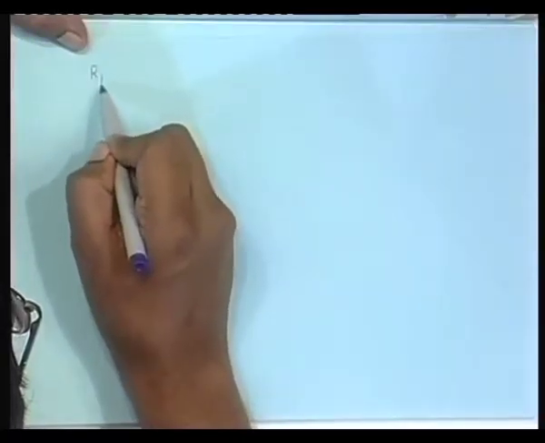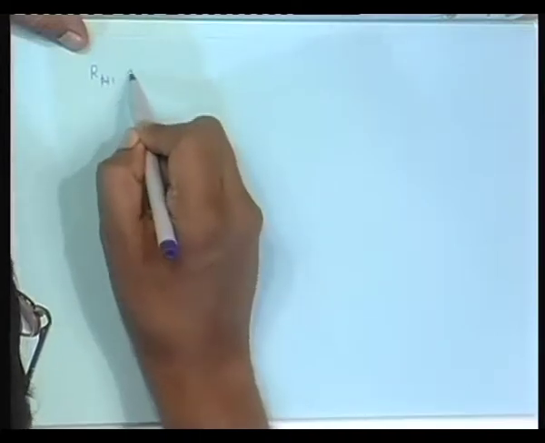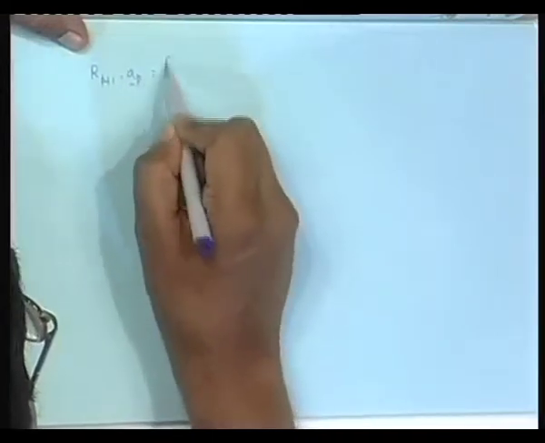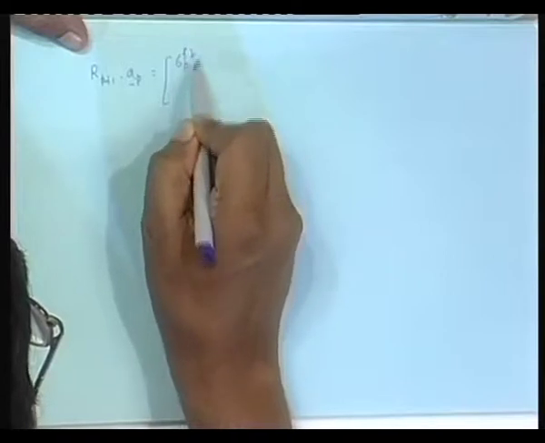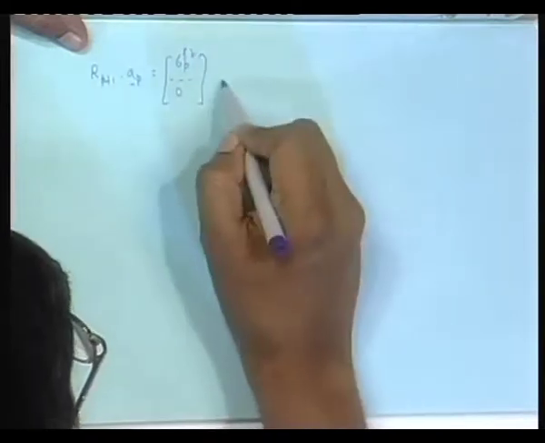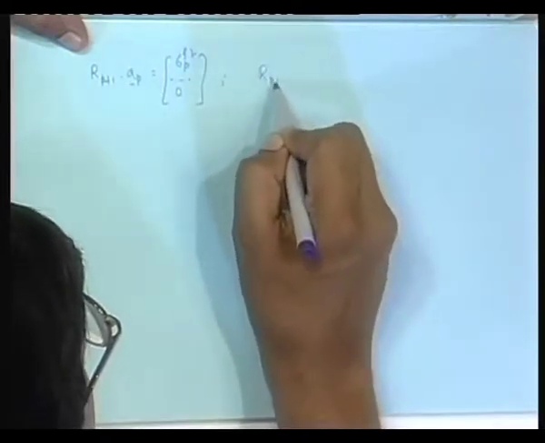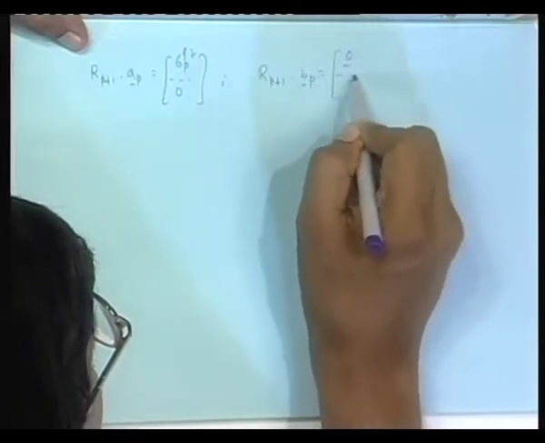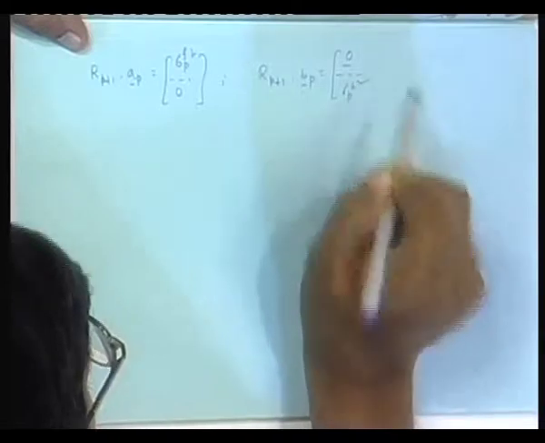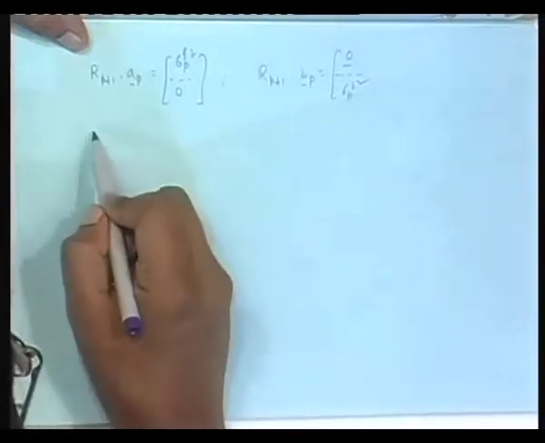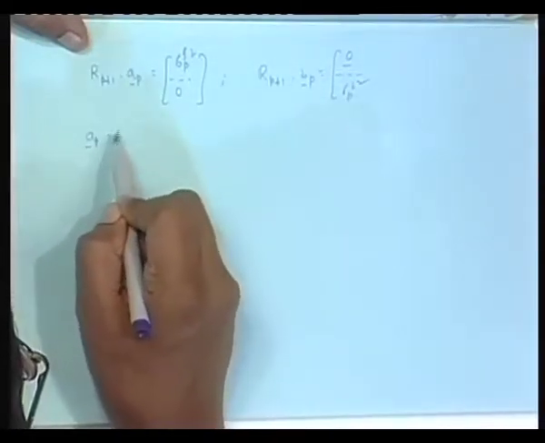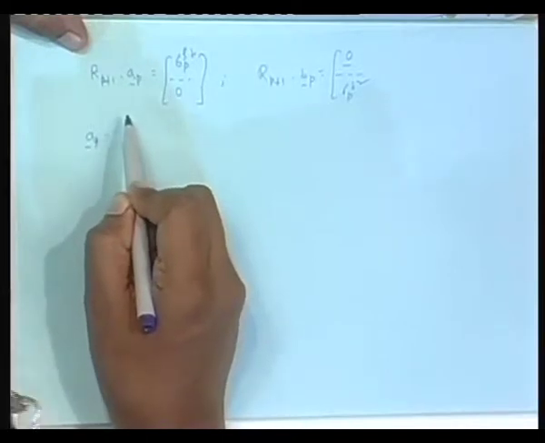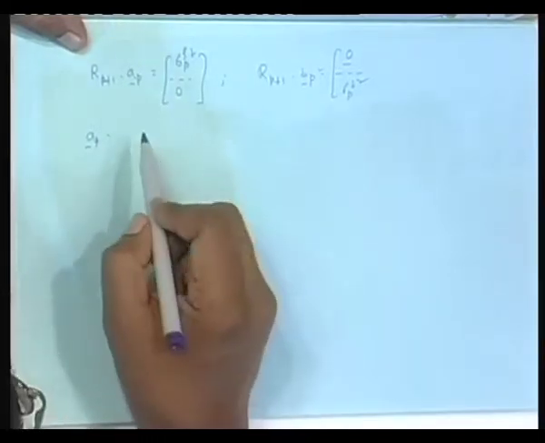Our basic equations, I am writing, Ap is sigma p f square by 0. This is one equation, another one was into Bp. Okay. Ap was 1, then a p1, then ap,2 dot dot dot ap,p.